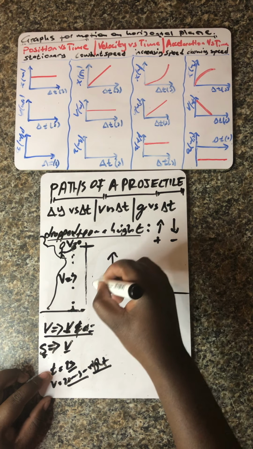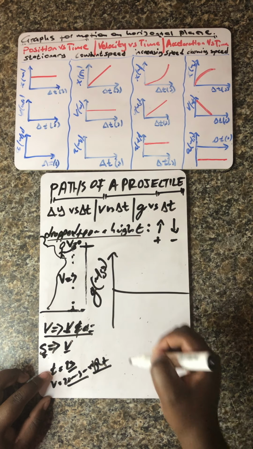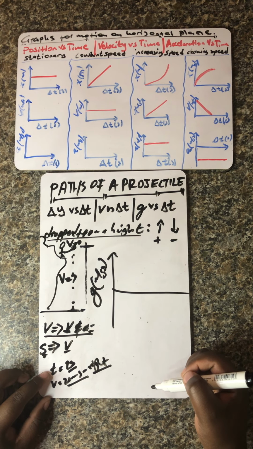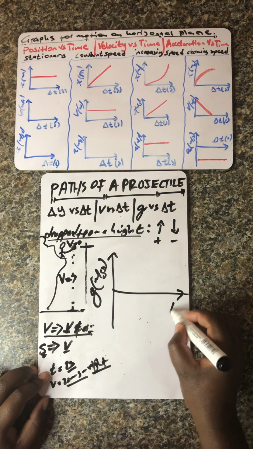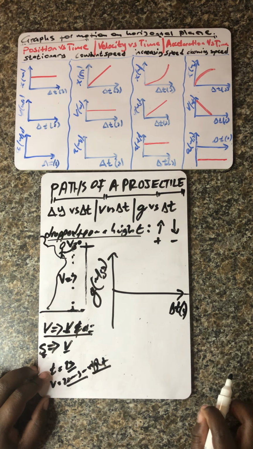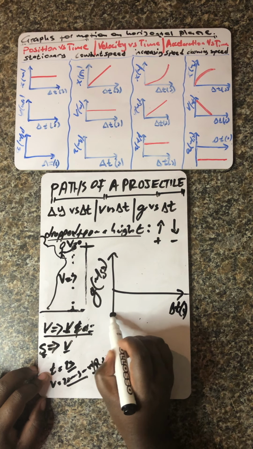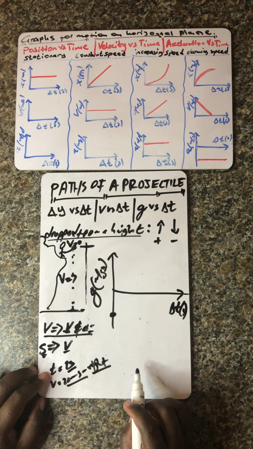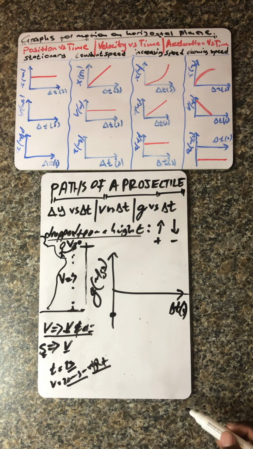Let's just say g in meters per second squared, and delta t in seconds. Remember guys, that g is constant, obviously because this object has been dropped from a certain height.